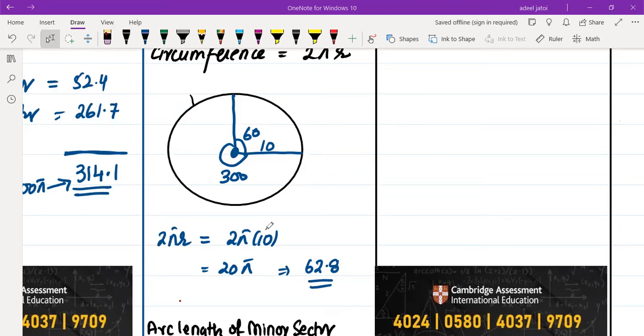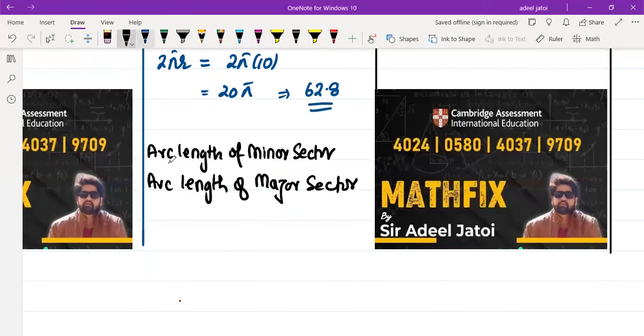Again, I need to find the arc length. That means a part of the circumference. Now, if I want to find the part of the circumference, I need to find the ratio first. The ratio will be 60 upon 360 for the minor, and 300 upon 360 for the major. So the formula, which is used by both, is theta upon 360 into 2 pi r.